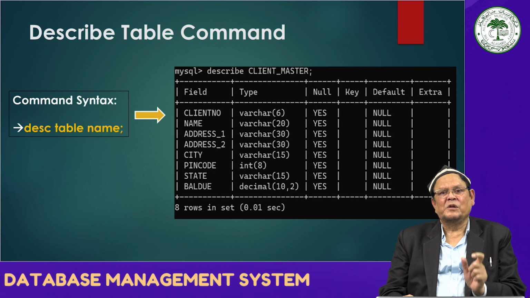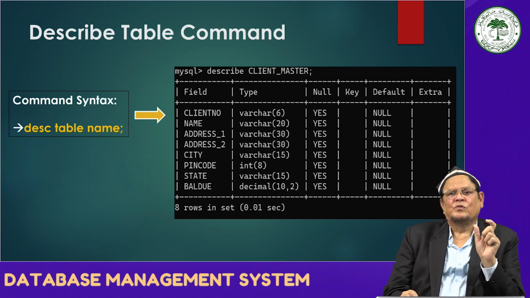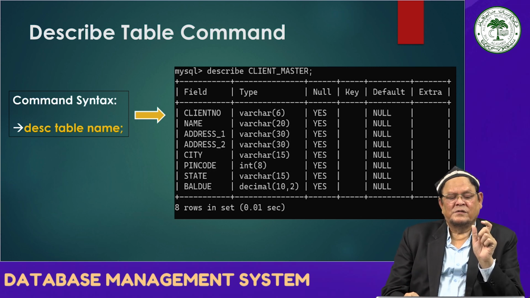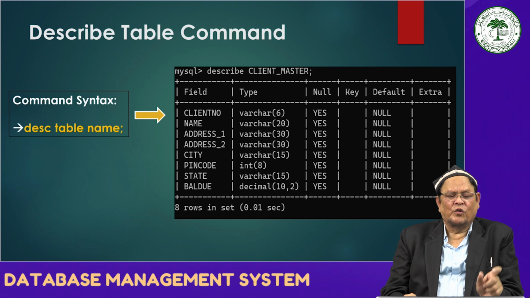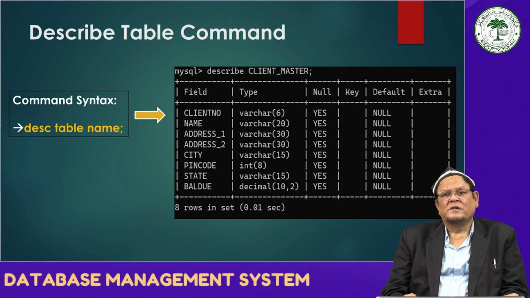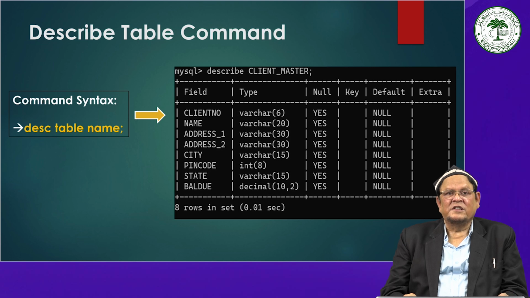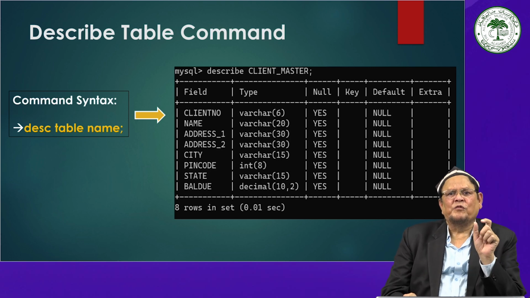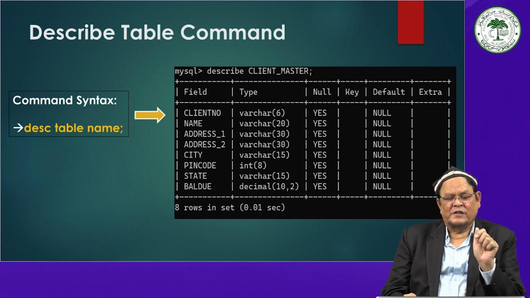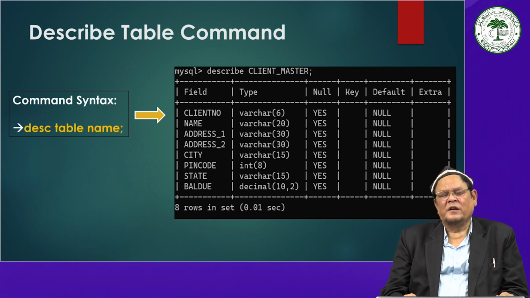For that the minimum is 4 letters, so you have to write at least 4 letters, for example DESC and the table name. Then in MySQL you write describe client master.